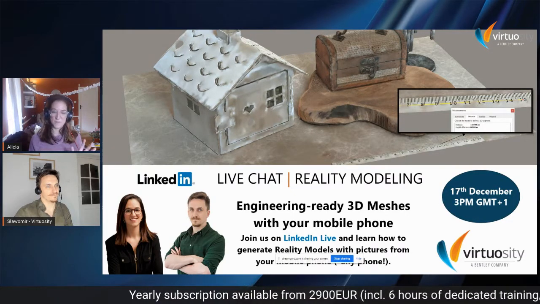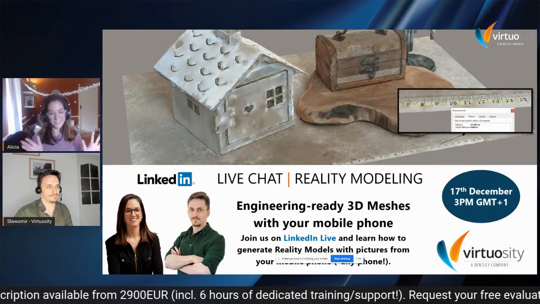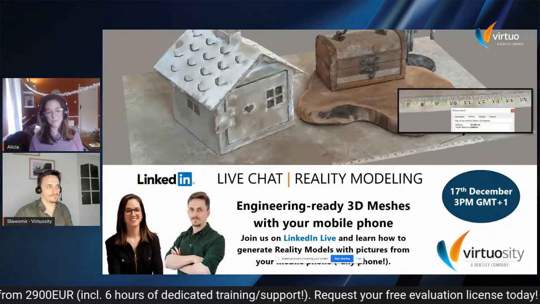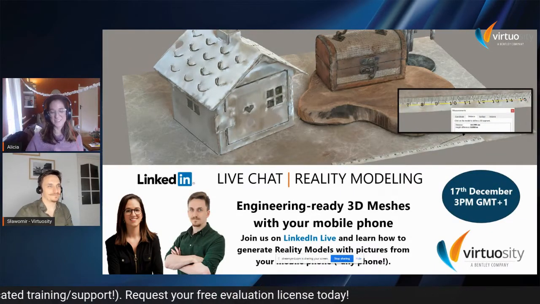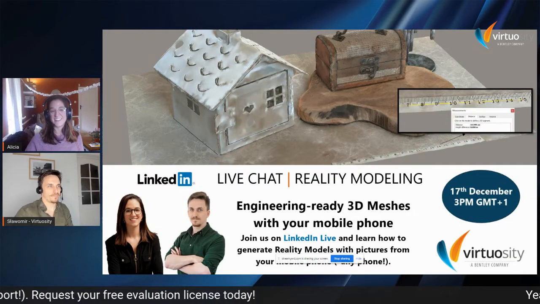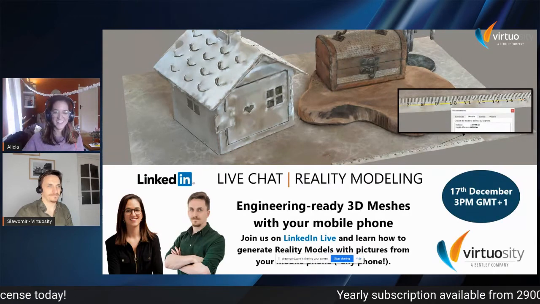So I think it was a good topic to end the year. And even though Santa's not going to bring the iPhone 12 Pro this year, we can be happy that we should be able to get an amazing 3D model without having the iPhone 12 Pro.